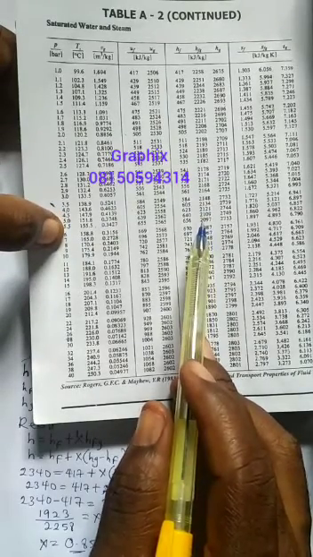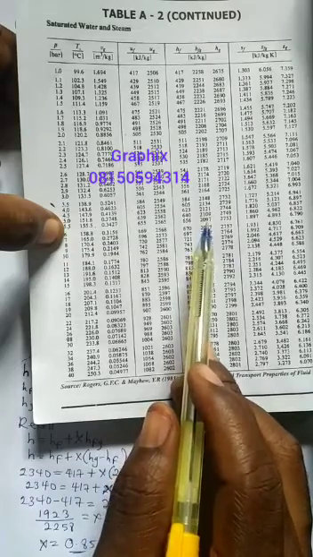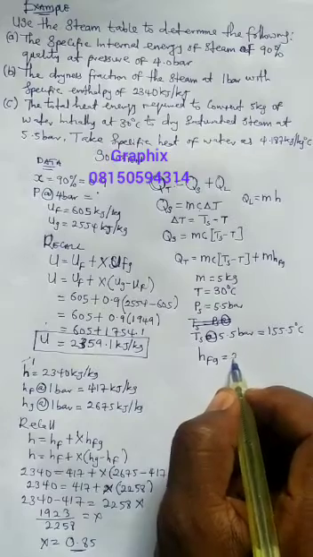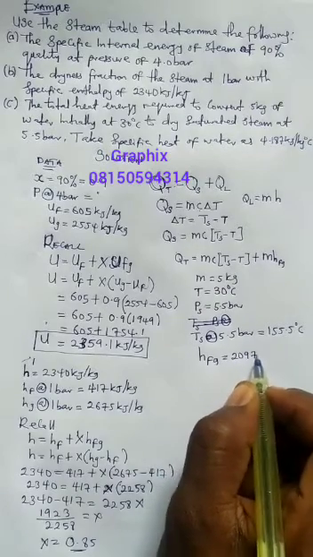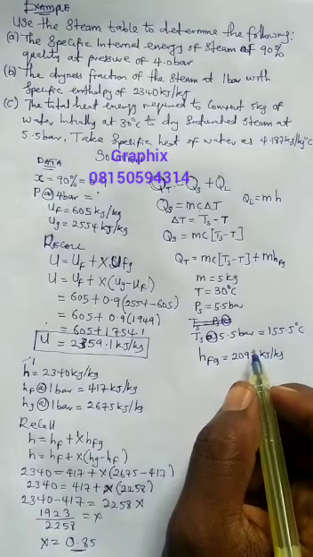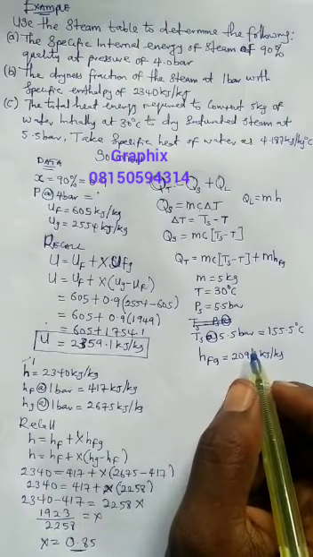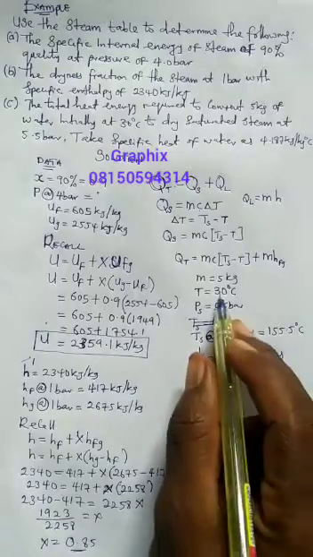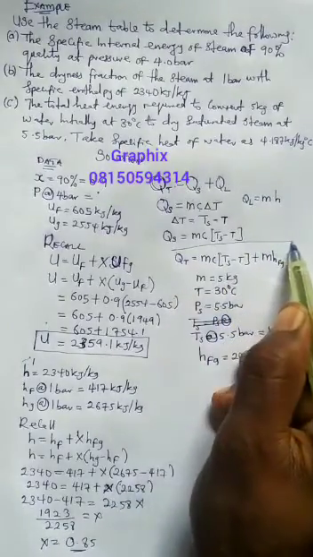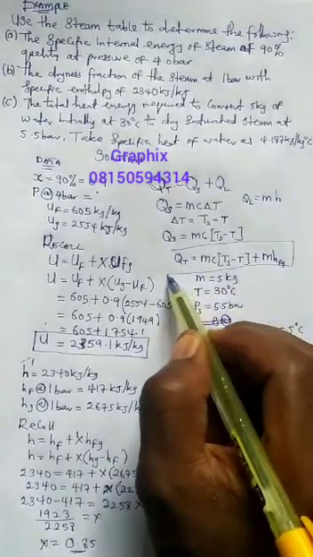This is all good, and that is 2097 kilojoule per kilogram. So we'll now substitute all our values into this equation here to get our total heat.